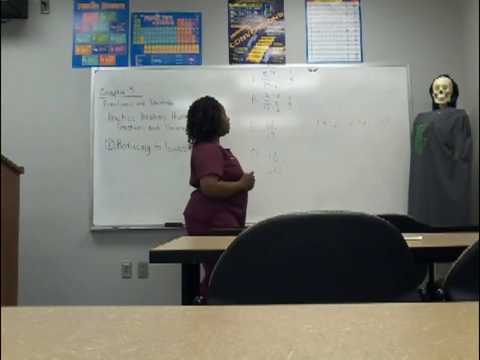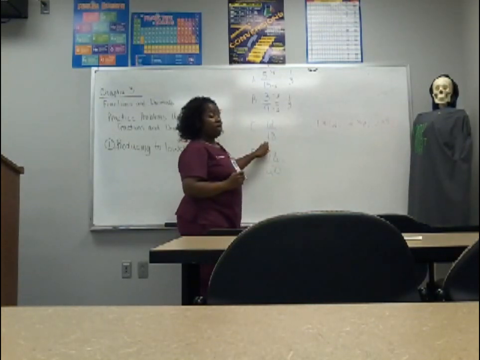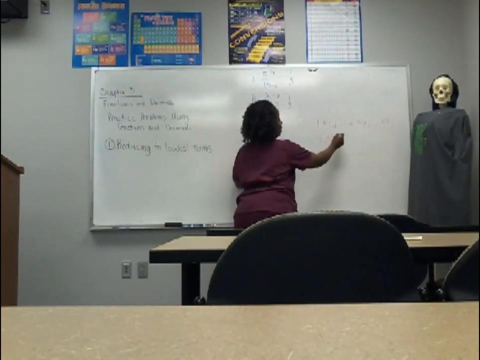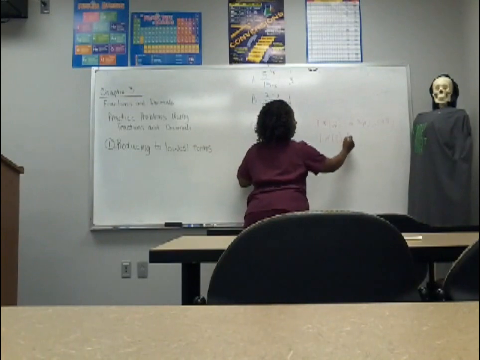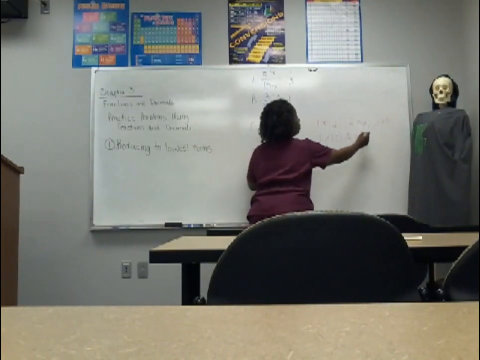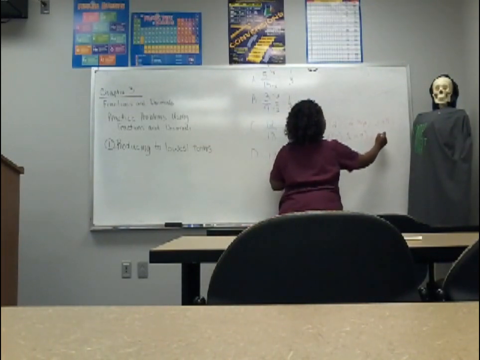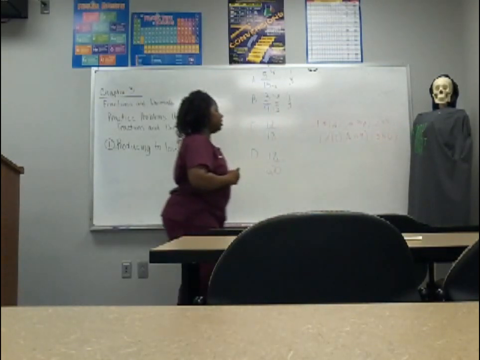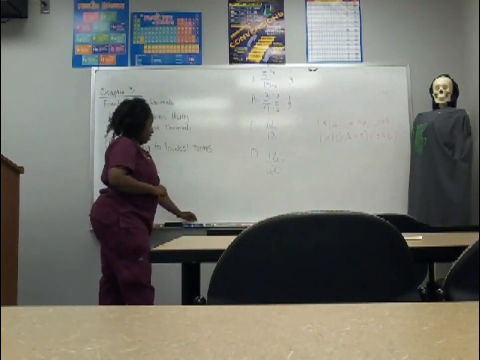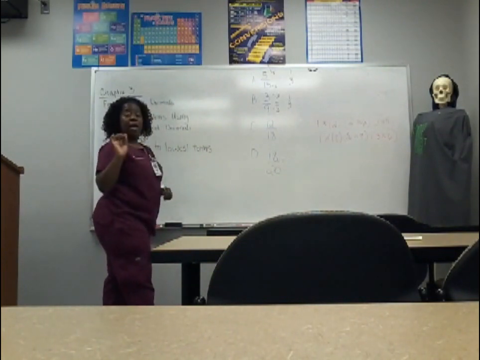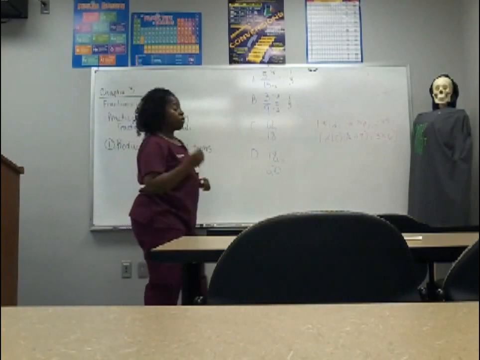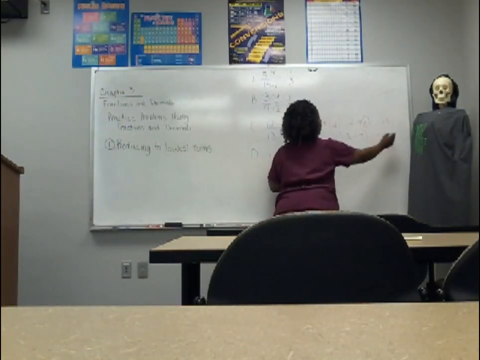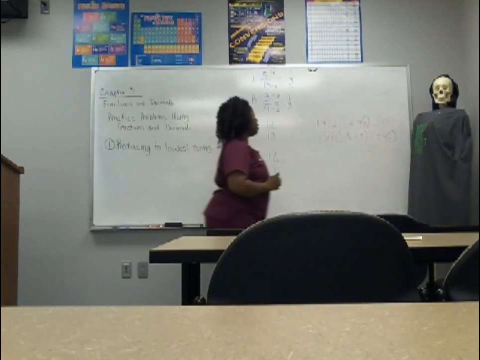18, on the other hand, is definitely 1 times 18, 2 times 9, and 3 times 6. I think that's the highest. Again, the greatest common multiple of the two is 6.